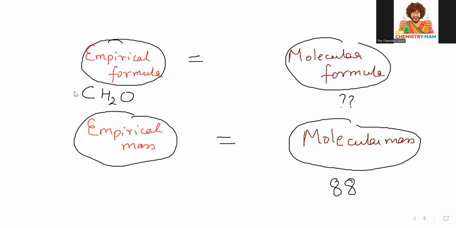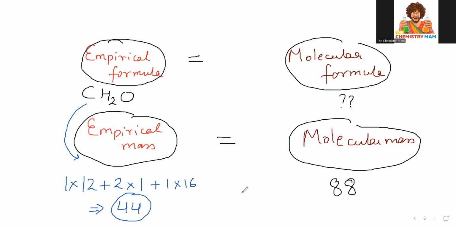With the help of this, can I calculate the empirical mass first? The empirical mass would be carbon's mass 12 and there is one carbon, so 1 into 12, two hydrogens, hydrogen's mass is 1, and one oxygen, oxygen's mass is 16. On solving, this comes out to be 44. So I can very well see that my molecular mass is 2 times the empirical mass.